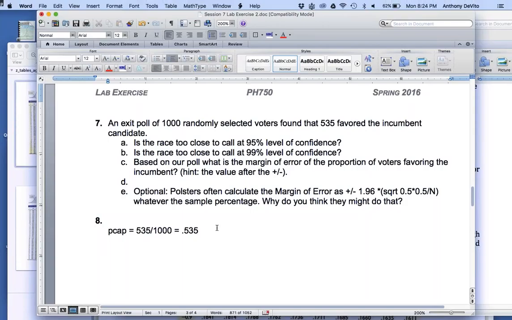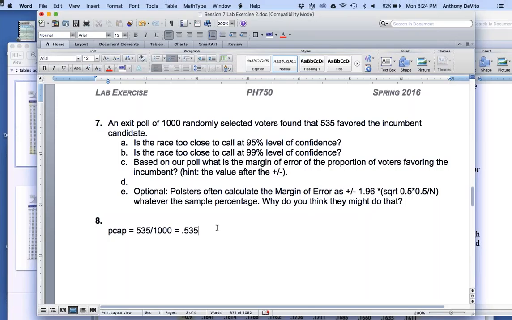In other words, right now, just by looking at this number, I estimate that that candidate is going to get 53.5% of the vote, or 535 out of every 1,000. That's what I think the outcome is going to be. Now, when we take a sample of 1,000 people, we know it's not going to be exact.